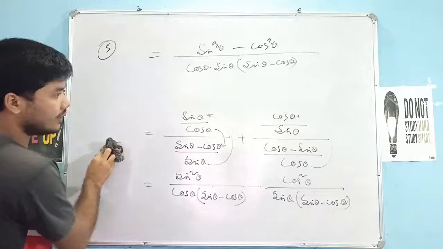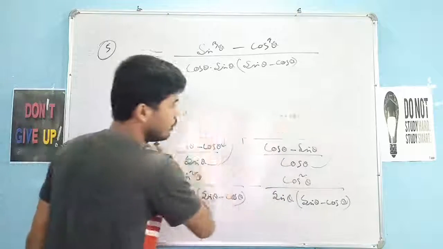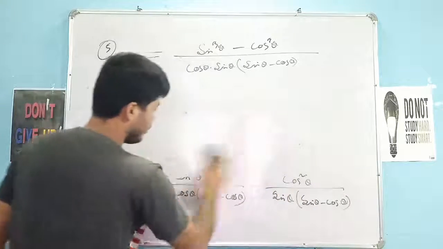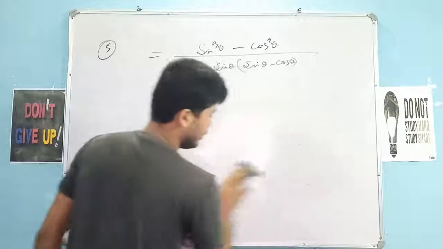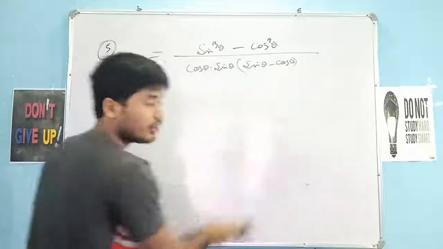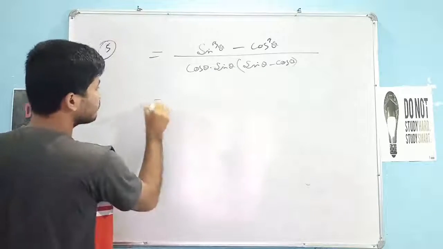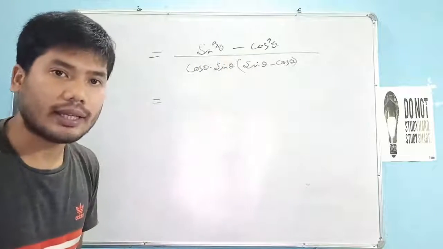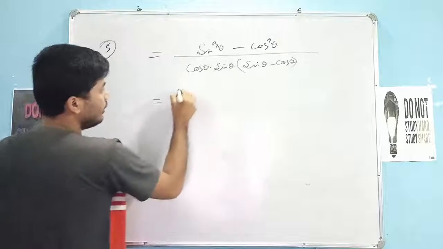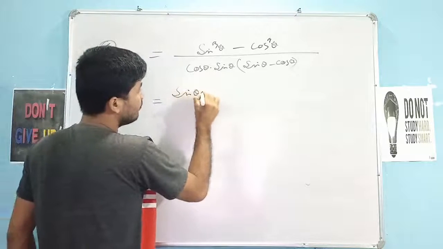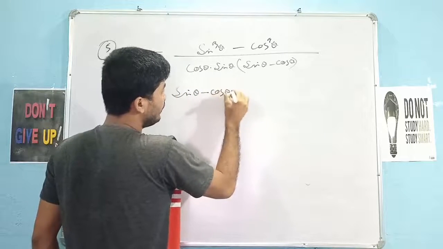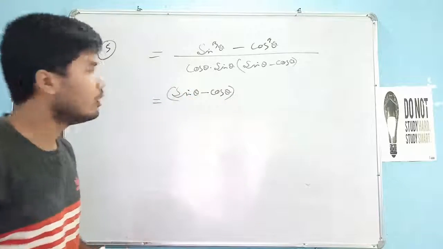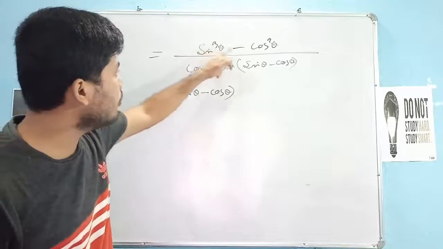Okay guys, now I have cleaned the board. Awesome. Everything is all right. Now a cube minus b cube. So what is it? Look at here, this is sin cube minus cos cube.